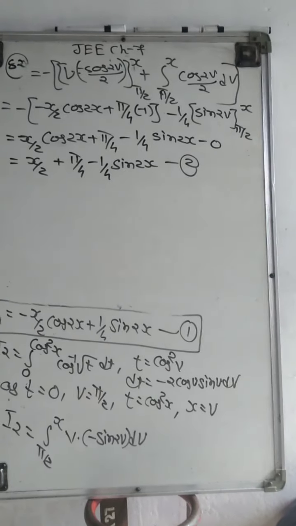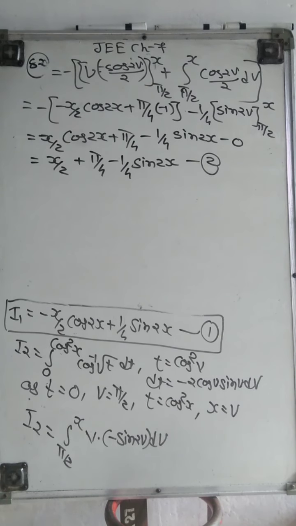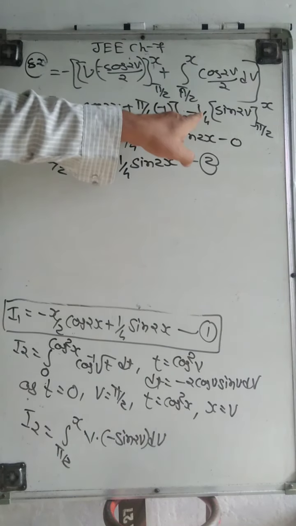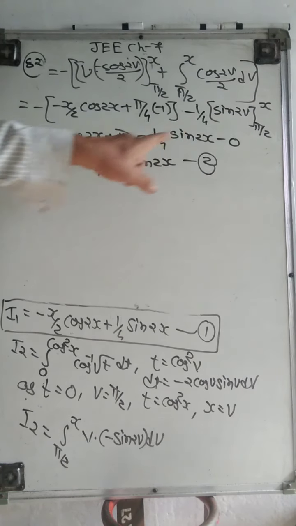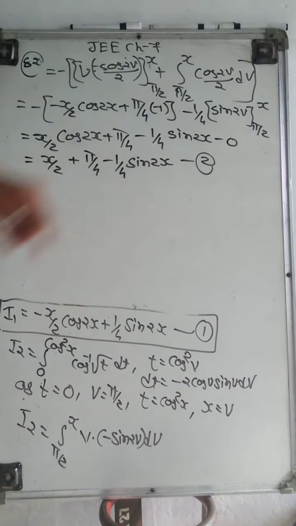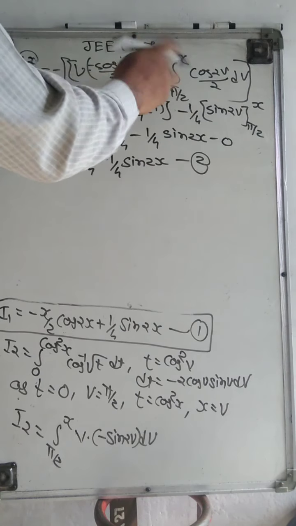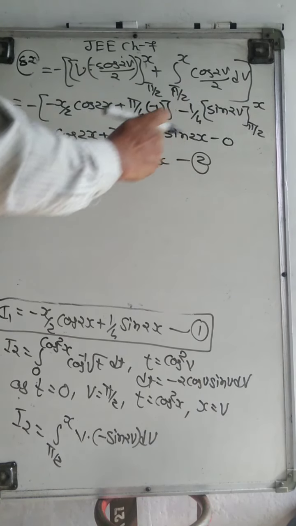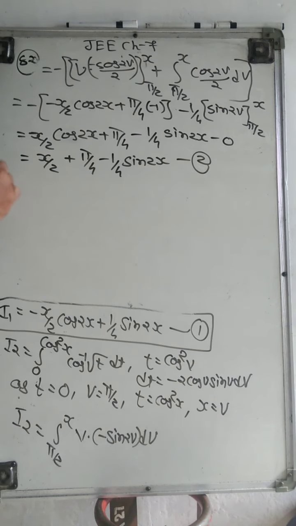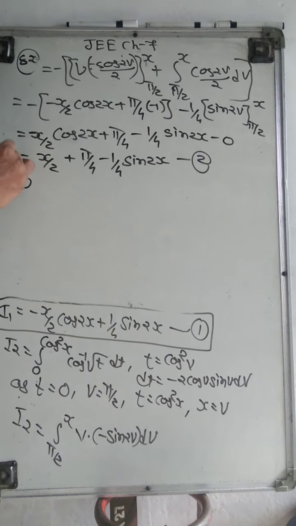So here when we open this bracket, this negative sign, then this becomes positive. This negative sign we put for this, but here the sign is changed and this becomes negative, so the negative sign we carry forward. Now this is I2.